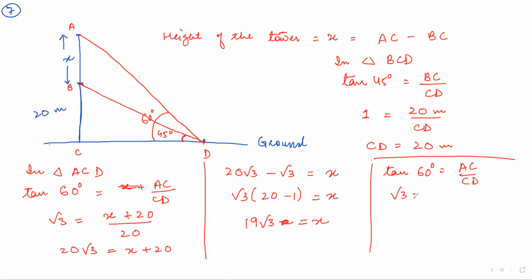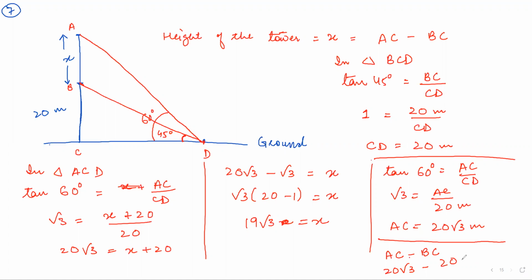So root 3 is AC by CD, you have found 20 meters. So AC is 20 root 3 meters, right? And then the height of the tower means AC minus BC. Now AC is 20 root 3 and BC is 20. So the same thing, no, is it the same?